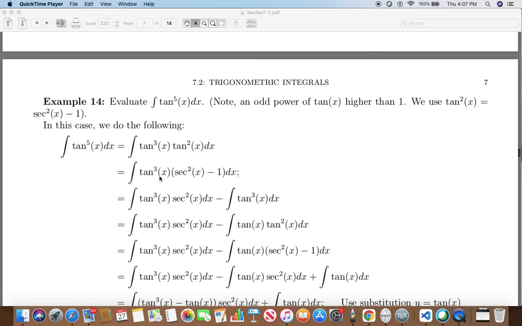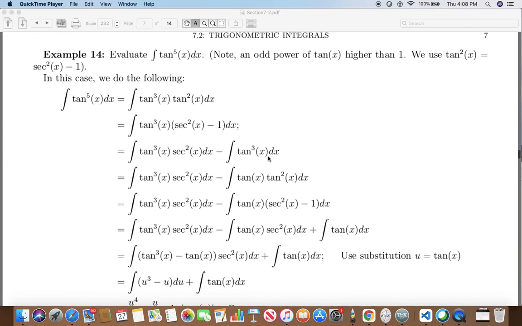Now multiply these two. You get tan cubed secant squared minus integral tan cubed. What is tan cubed? This is again an odd power. Split it again. Tan squared is secant squared minus 1. So tan secant squared minus 1 times tan.